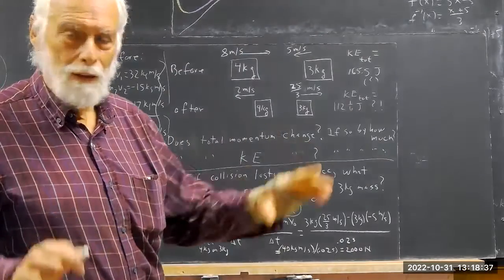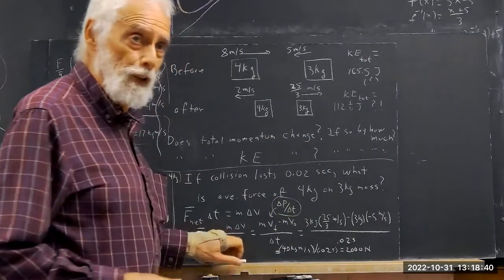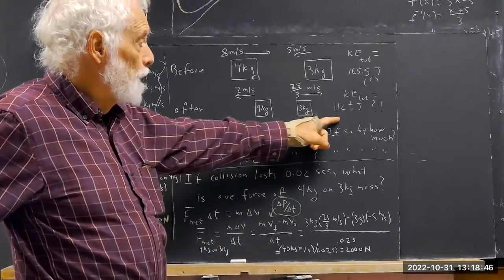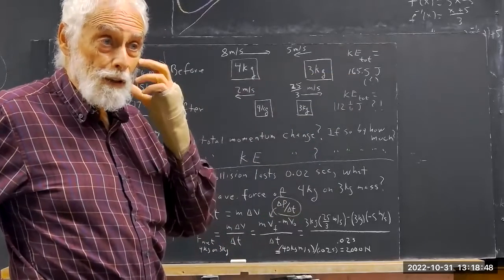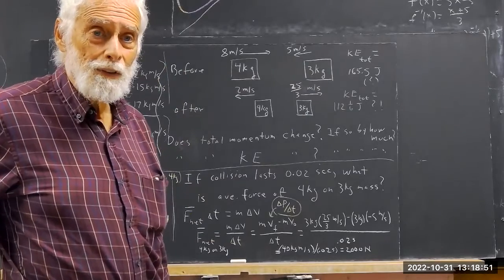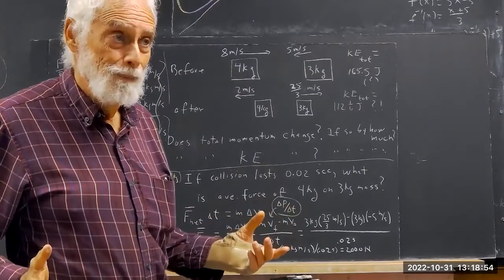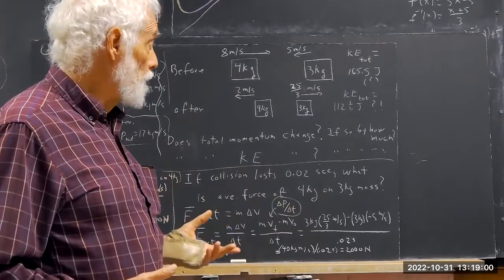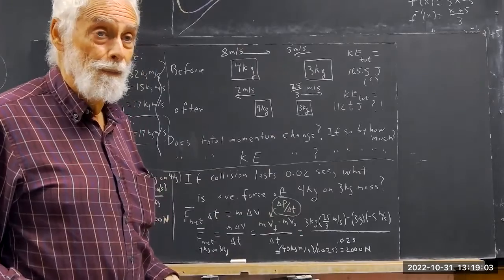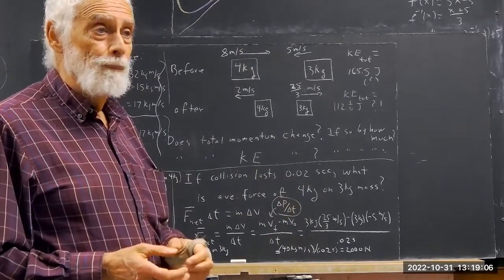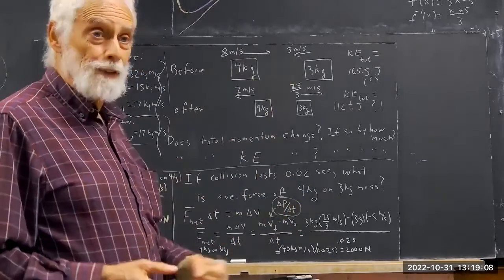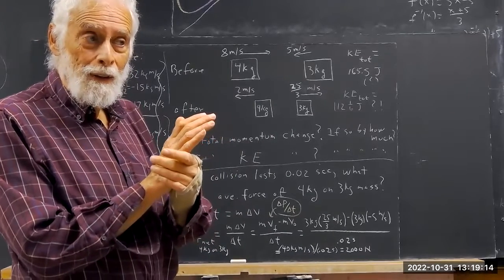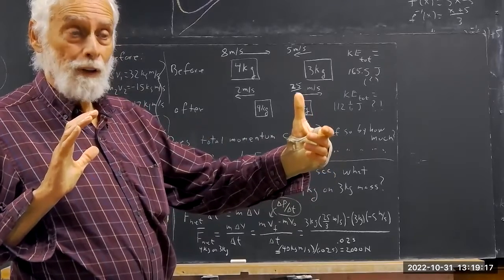Okay, now the reason I don't mind messing around with that in front of you is because you want to think about these things. The kinetic energy afterwards cannot be greater than the kinetic energy before unless there's been some release of potential energy or some external force. I'm pretty sure there's no external force because momentum's conserved. If momentum is conserved, that means maybe one of these masses had a coiled spring that got triggered to uncoil at the instant of collision.